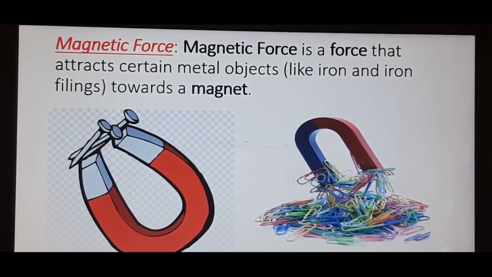And if you keep a magnet and iron at a little distance, you can observe that without any contact they will start attracting each other. You don't have to hold the iron nail in your hand and stick it to the magnet. The magnet will automatically attract iron nails towards it.